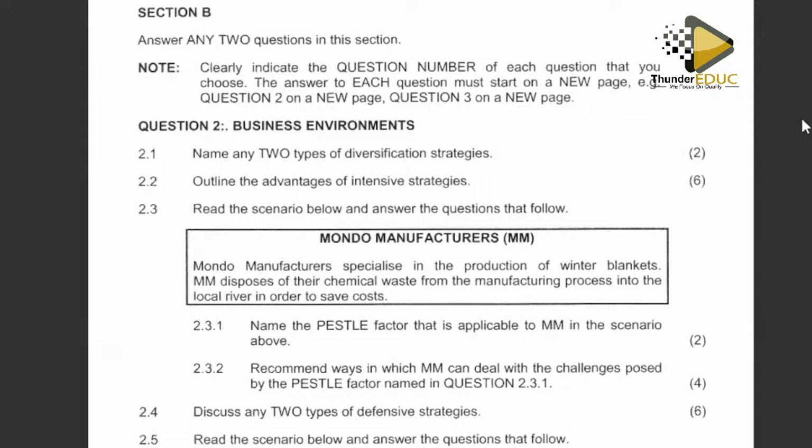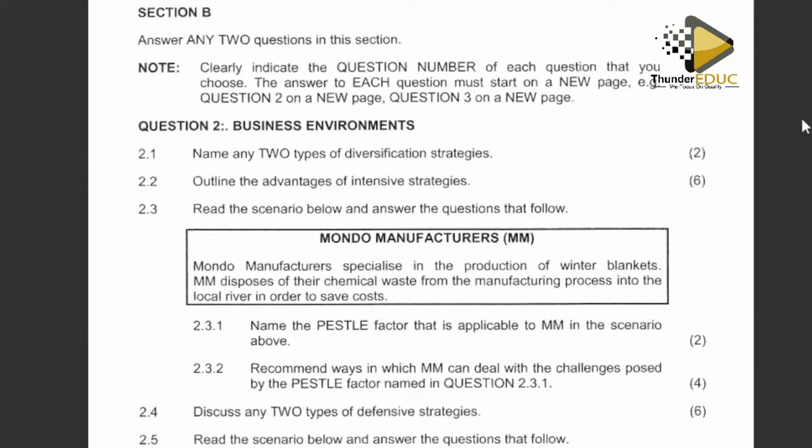So now, guys, whenever you select some questions here, make sure that you understand the questions and you compare and check the total marks that you are going to score under each question.